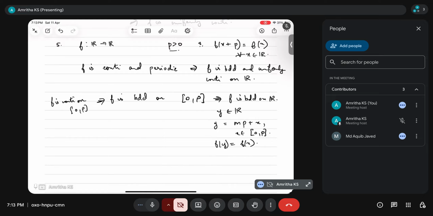And I think uniform continuity also follows likewise.